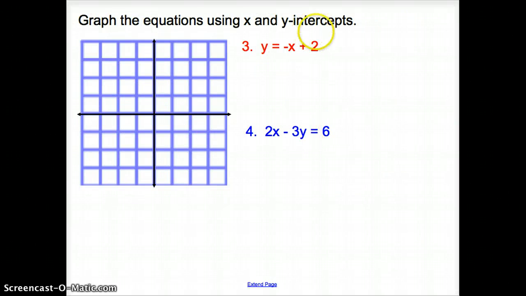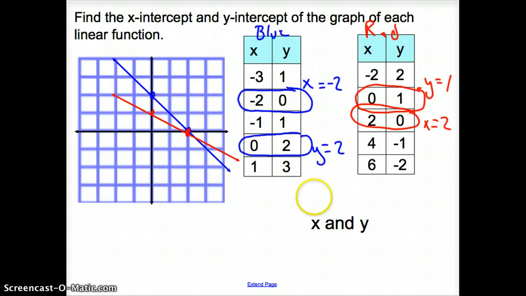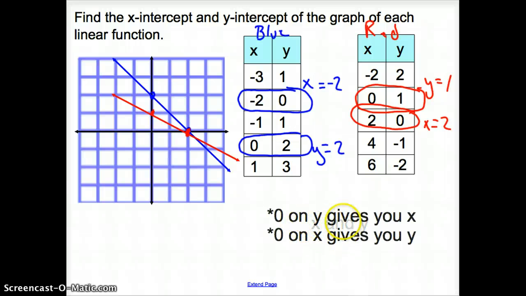Now we are asked to graph the equations using the x and y intercepts. Well, as you can tell, we obviously don't have the x and y intercepts right now, but we can find those. Again, if we go back to our cheat sheet, 0 on y gives you x.